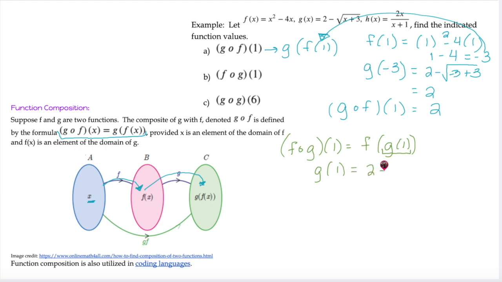So 2 minus the square root of 1 plus 3 is 2 minus the square root of 4, which would provide me with 0. Now we can substitute 0 in for my f function since we already know what g of 1 is equivalent to. So what is f of 0?